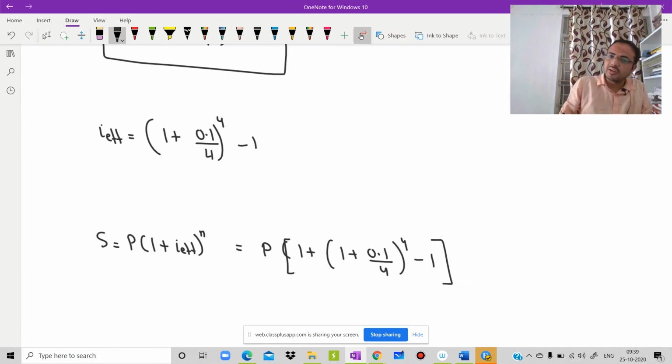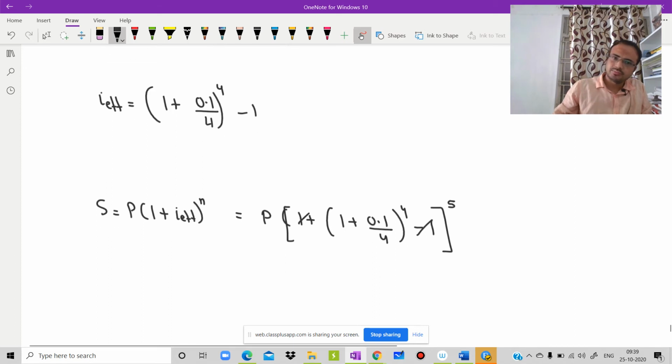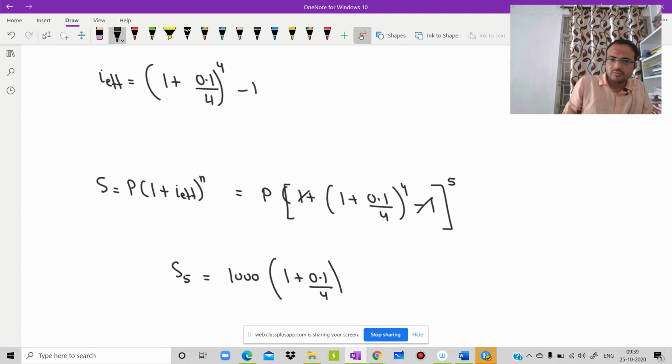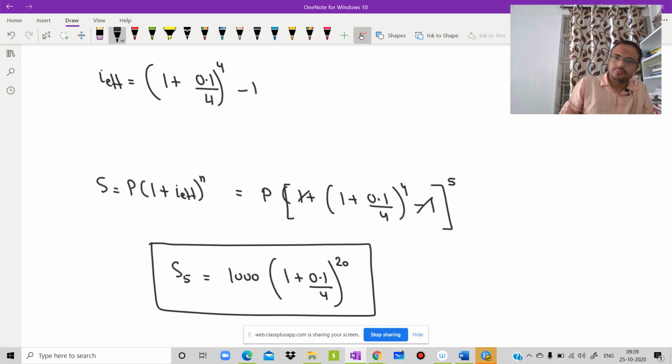But you want to calculate after 5 years. This 1 and 1 will cancel out and you will get S5 is equal to 1000 (1 plus 0.1 divided by 4). This should be the correct answer of this question.